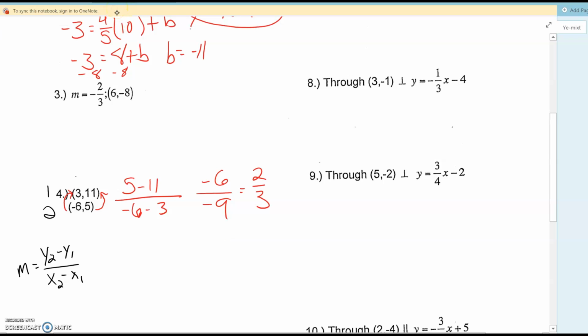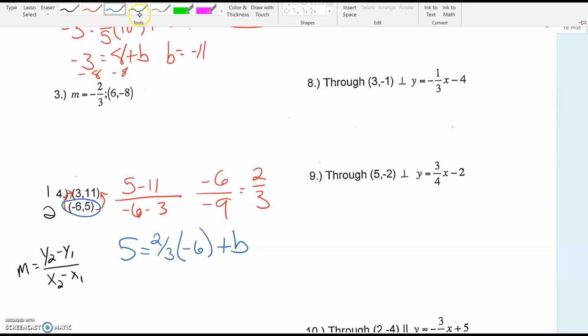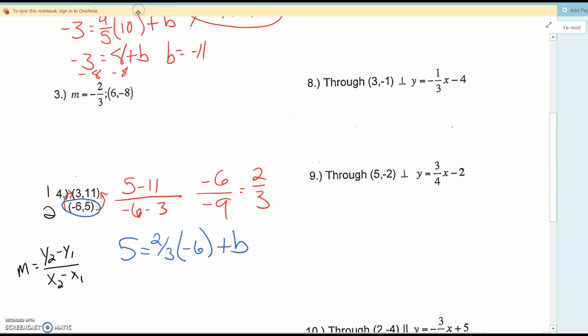From there, you're going to plug that in. You can choose either one of these points. Okay. I'm going to use -6 and 5. So it would be 5 = 2/3 times -6 + b. 5 = -4 + b.